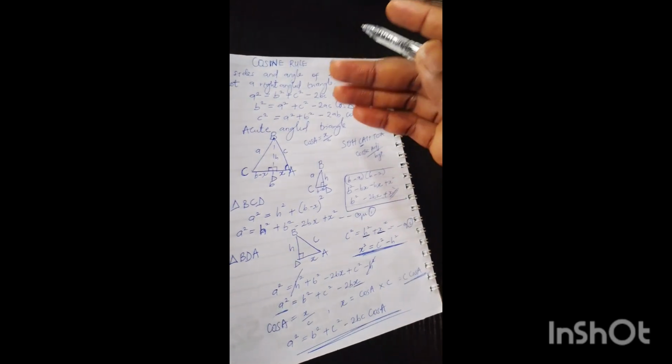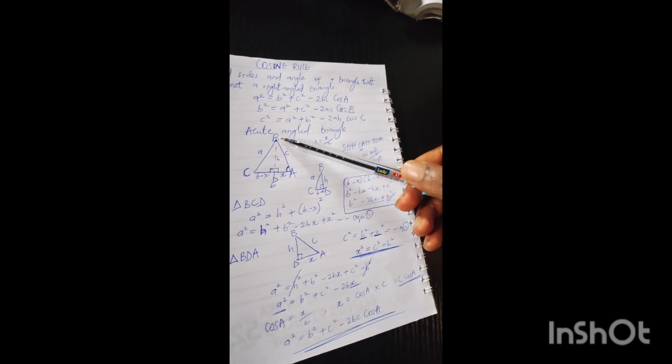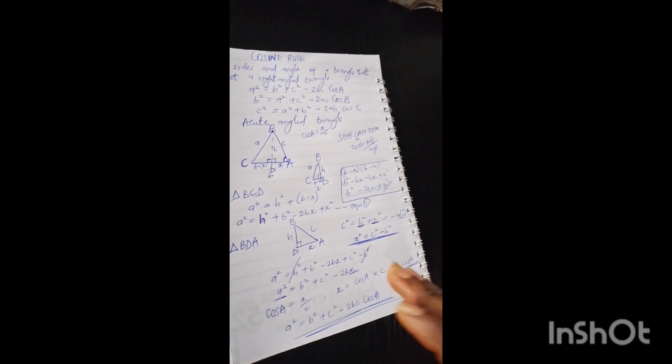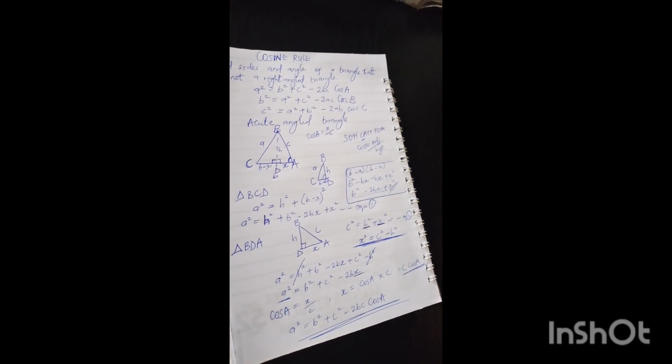Remember, if you want to prove this for side B or for side C, you can also do the same thing that I did. The only difference is that instead of working for A, you are going to be working for B or maybe C. Depends on the one that you want. So this here is the proof that cosine rule is actually correct for an acute angled triangle.